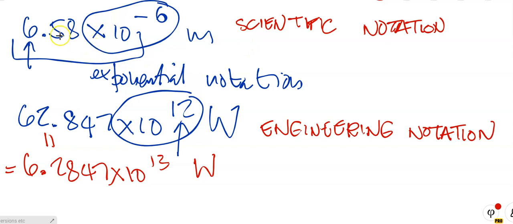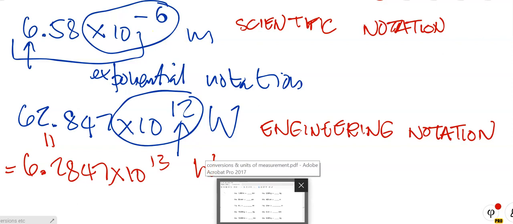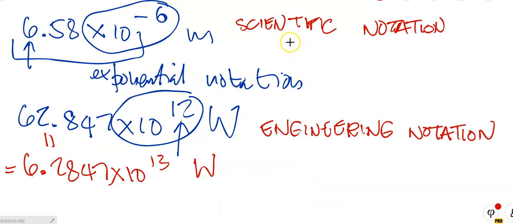So scientific notation is one number followed by the decimal, followed by however many numbers there are, times 10 to the power. That could be -1, -2, -7, 8, 14, 27, or 30. That will be scientific notation. But if it's written with 1, 2, or 3 numbers followed by the dot, followed by a number of numbers, and the exponent is in multiples of 3, it will be engineering notation.